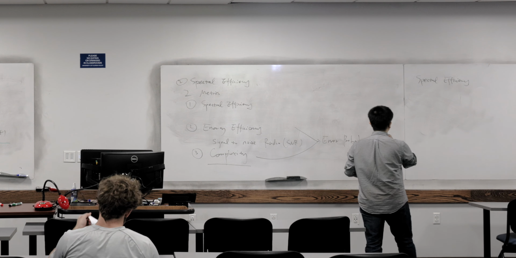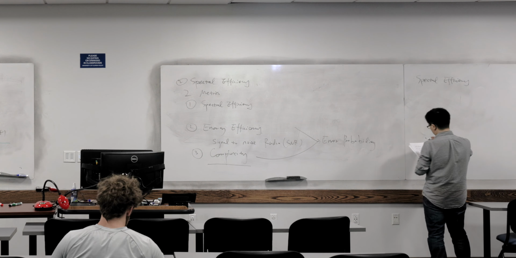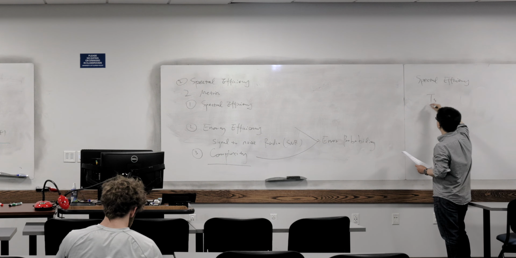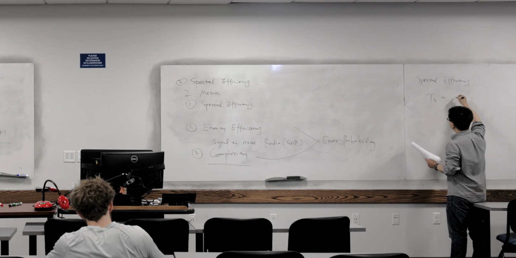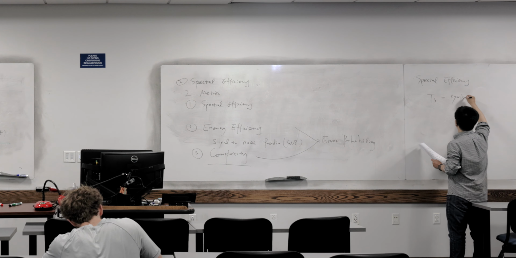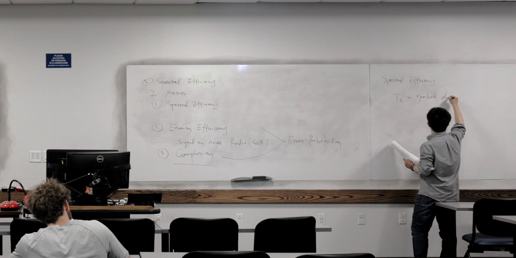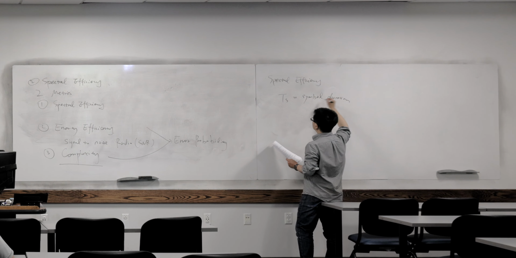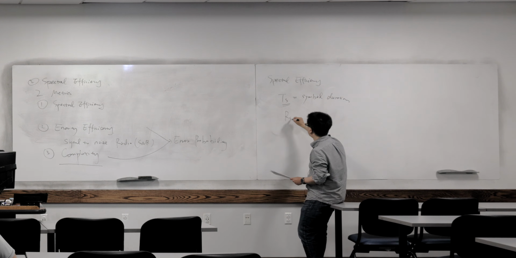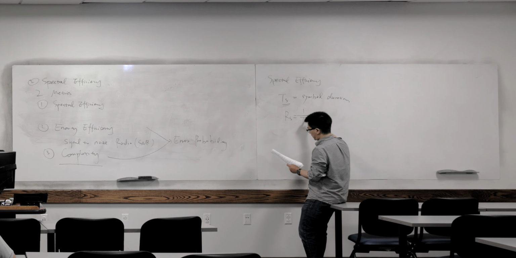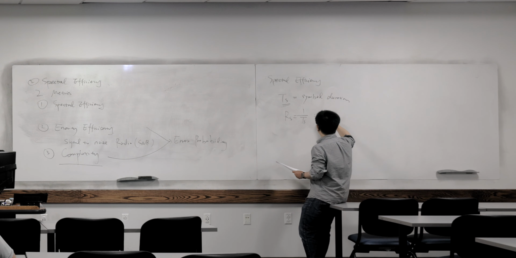So in order to do that, let's introduce some notation here. Let's assume TS, which is kind of our sampling duration before, is our symbol duration, right? And also, in this case, RS will be equal to 1 over TS. That will be our symbol rate.